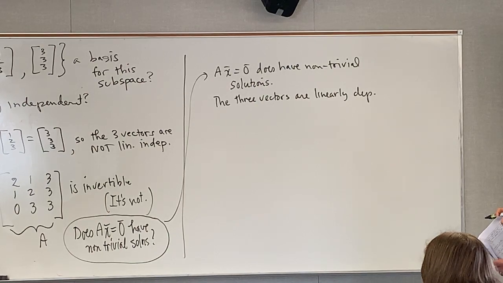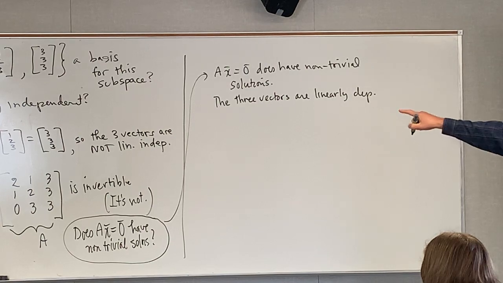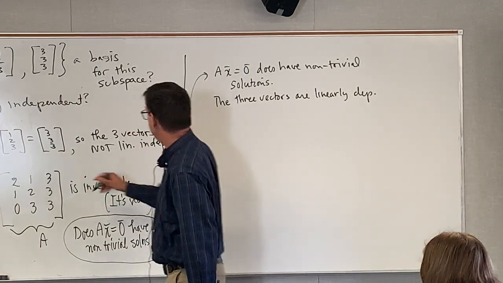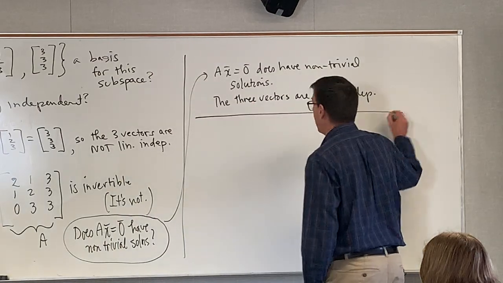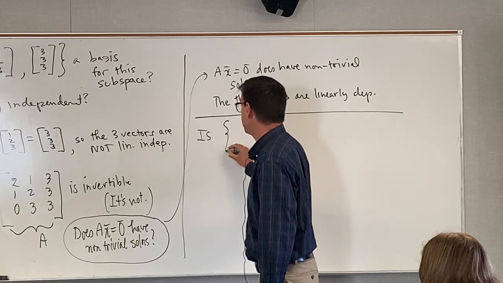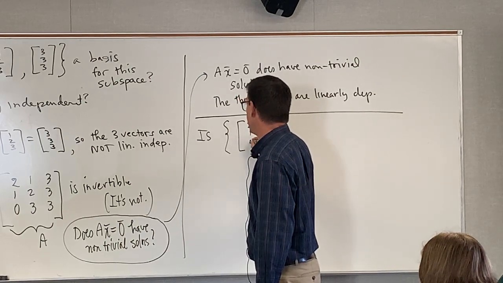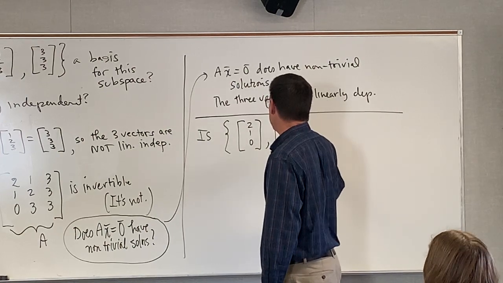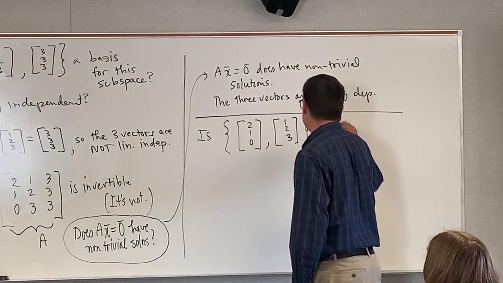Now, what you can do then is, since we've already observed that the third is the sum of the first two, is 2, 1, 0, 1, 2, 3 a basis?